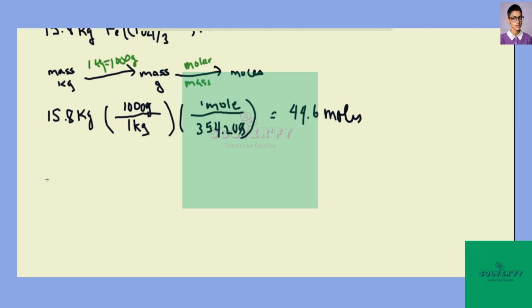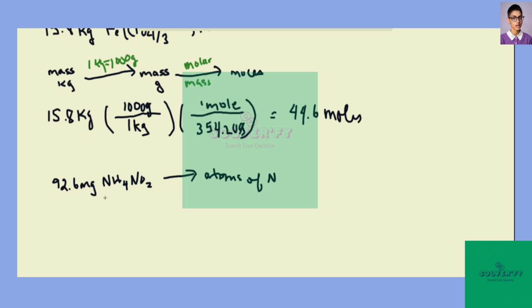Another example in which you have to be careful of looking at what the question is asking is if we have a certain mass of a substance, so 92.6 milligrams of NH4NO2, and we want to know how many atoms of nitrogen are present in this compound.